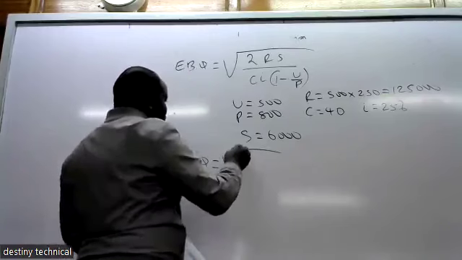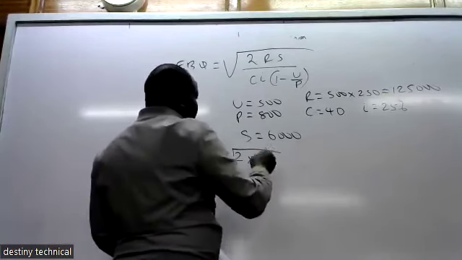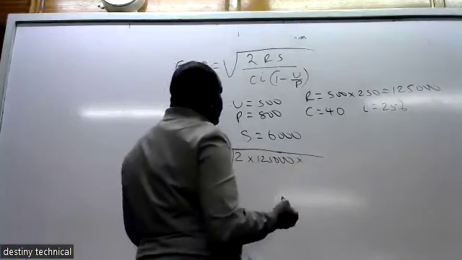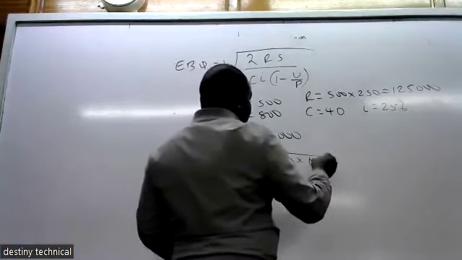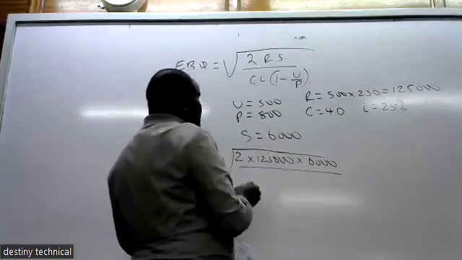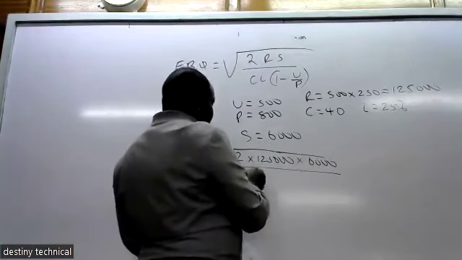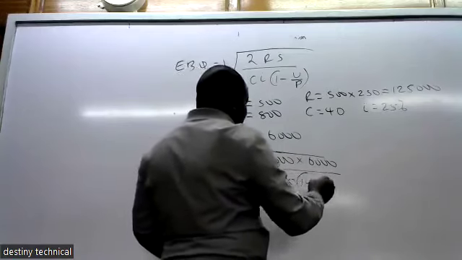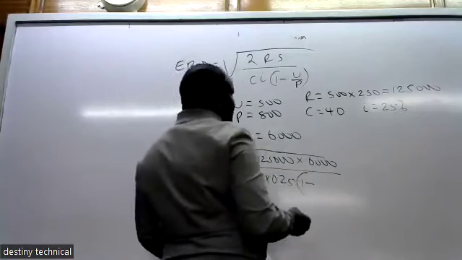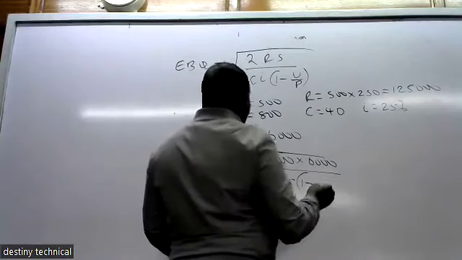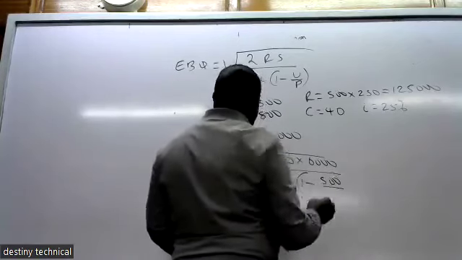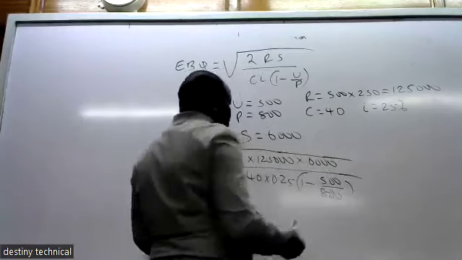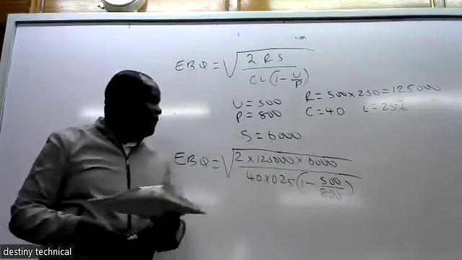So R is 125,000, multiplied by S, which is 6,000. Then we divide by 40, multiplied by 0.25, then 1 minus 500 over 800. Then get the value for us.